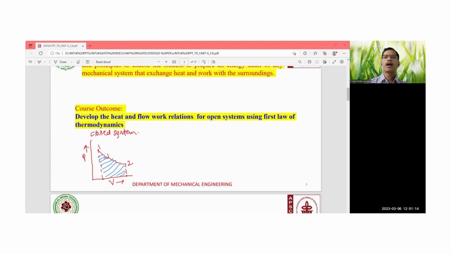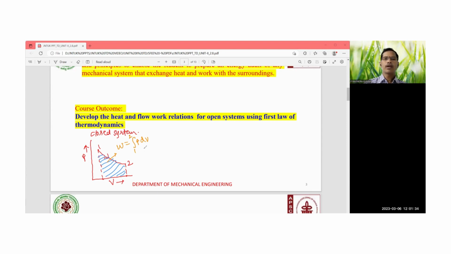So W is equal to the integral of PdV when a system changes from state 1 to state 2. This is the PdV work.